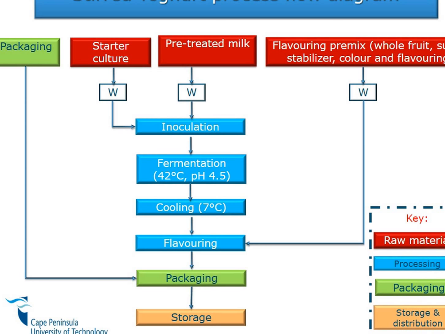What is more important to understand, we'll see when we cover the section on fermentation: temperature is important, and the pH, and also the processing time. Once the fermentation period is done, you need to cool your product to at least 7 degrees. Then you can add in the flavorings.